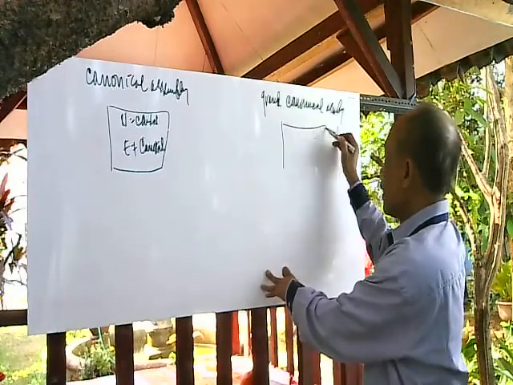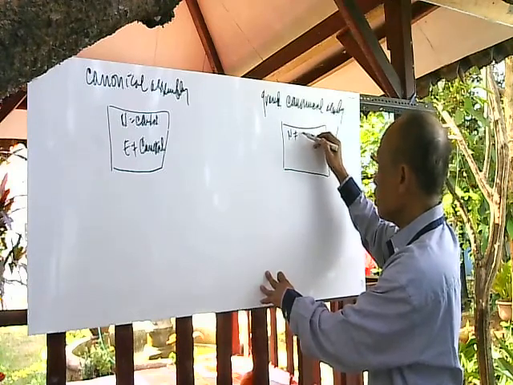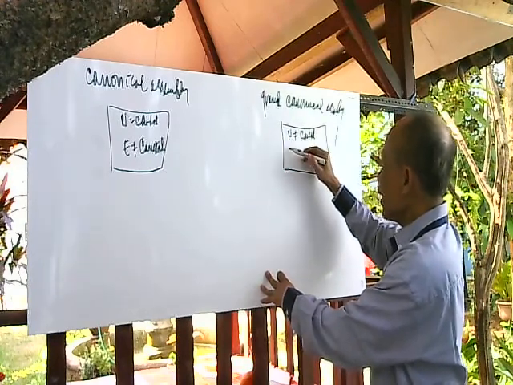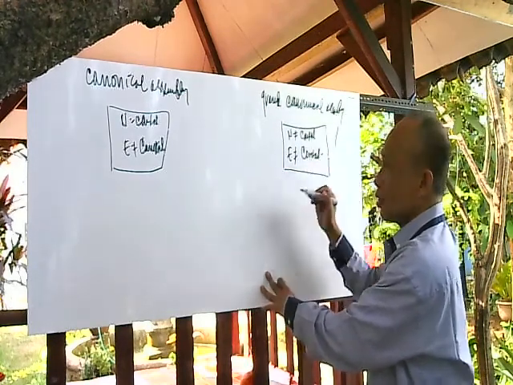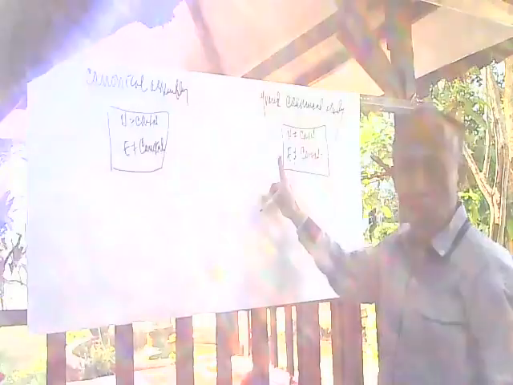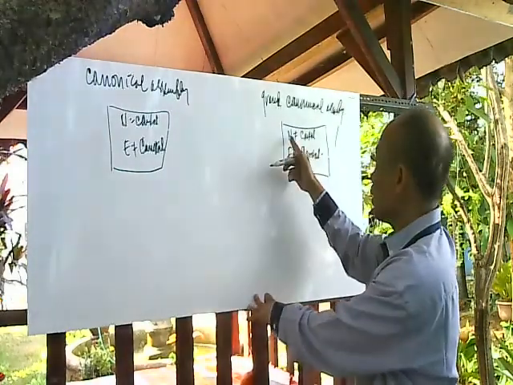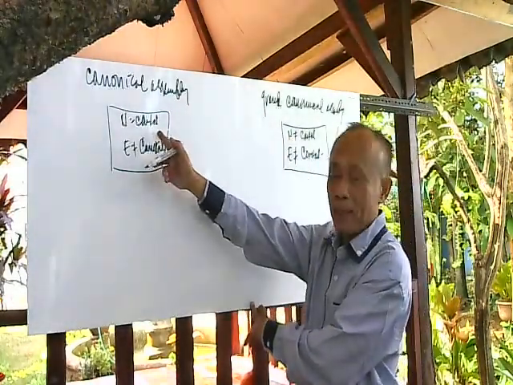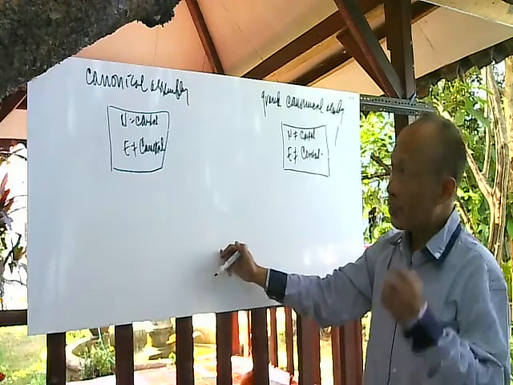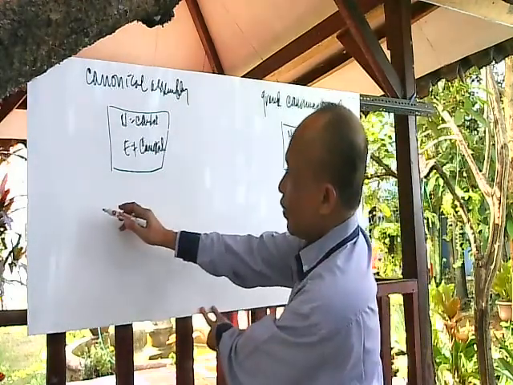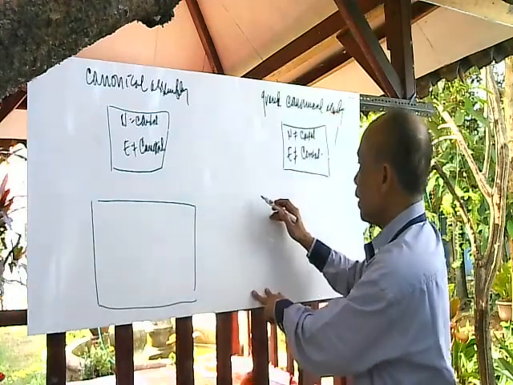In case of grand canonical assembly, we have a more general condition where the number of particles is not constant, and the energy of the assembly is also not a constant. So the grand canonical assembly is more general than canonical assembly, because in canonical assembly the number of particles is a constant.